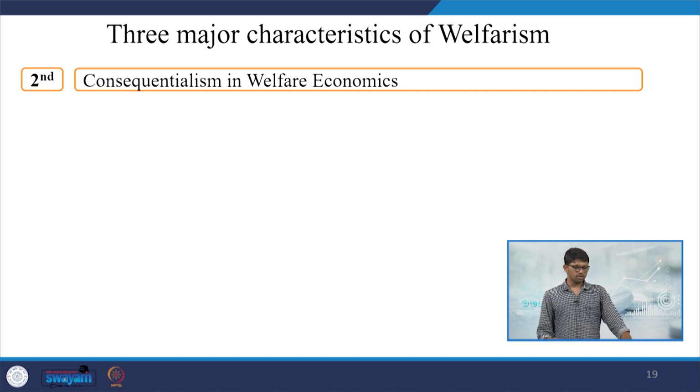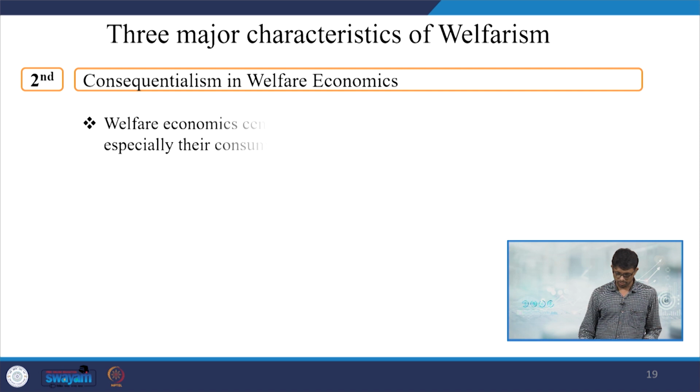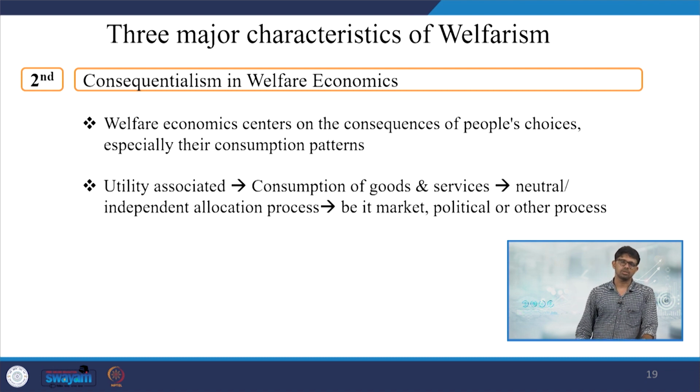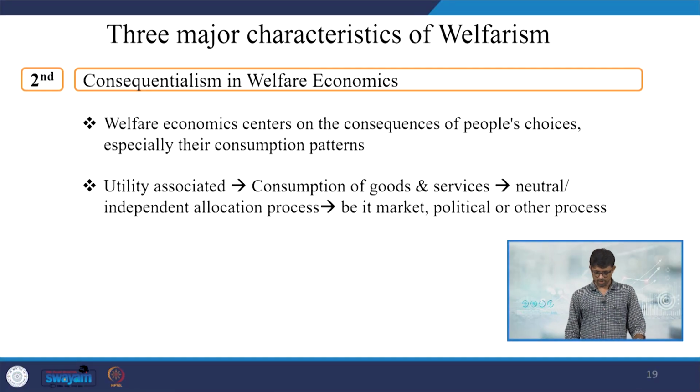The second one is called consequentialism in welfare economics. Welfare economics centers on the consequences of people's choices, especially their consumption patterns, and the utility associated with their consumption of goods and services is neutral or independent of the allocation process, whether it is market, political, or other process.